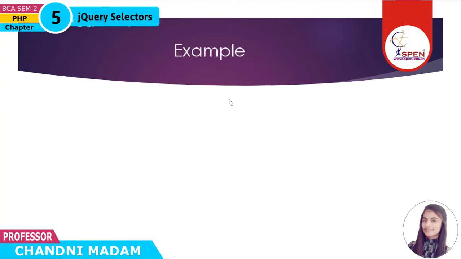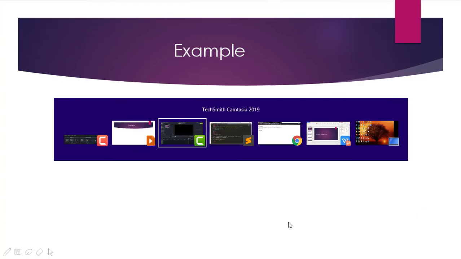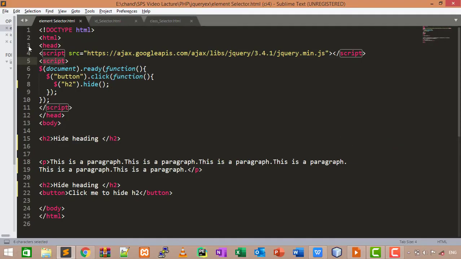Here we will see one example. Here you can see our element selector example. We will write a script tag, src is jQuery min.js. Without this file you cannot execute this code, so without this file this code is meaningless.